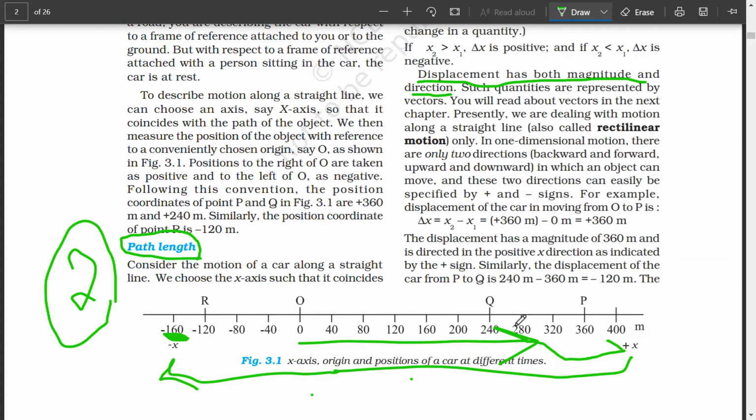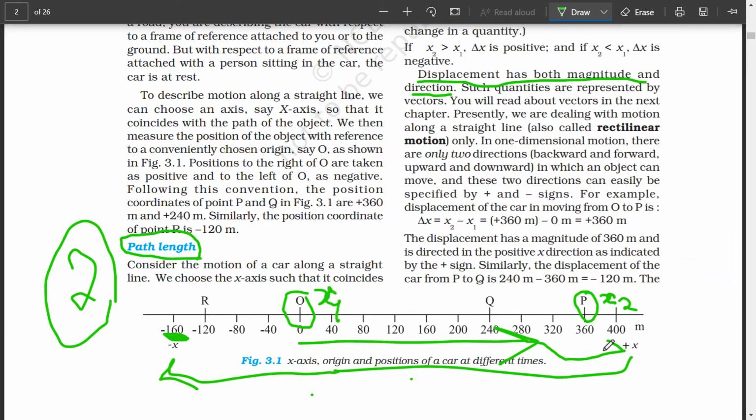So what he's saying now is, O to P, right? He's asking what is the displacement. So this P is nothing but x2, and the position at O is x1.